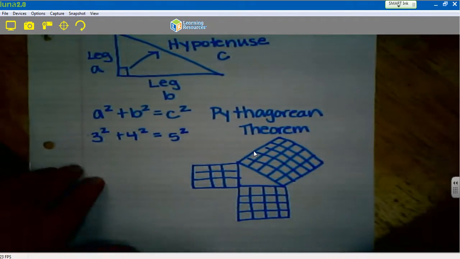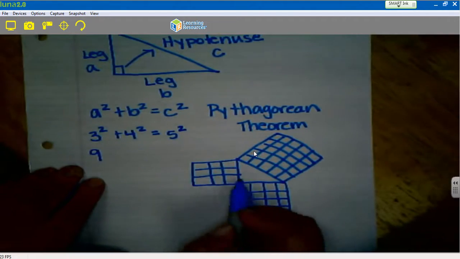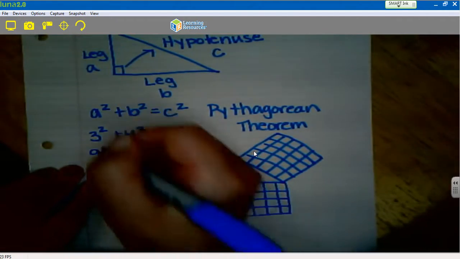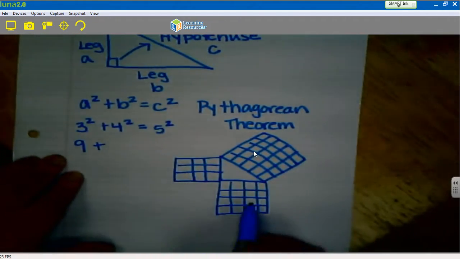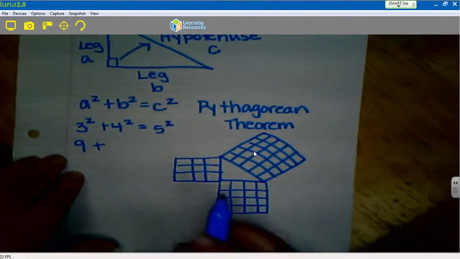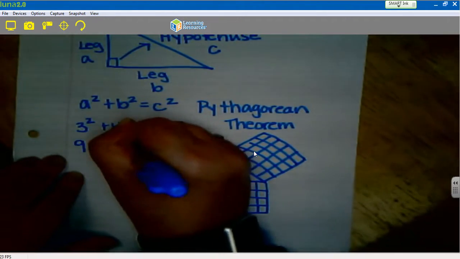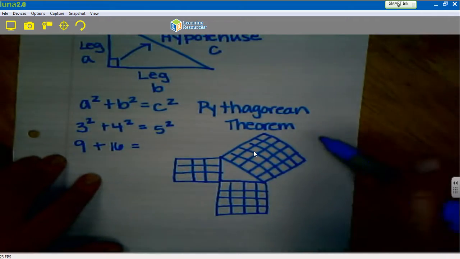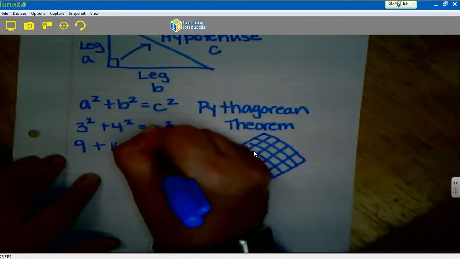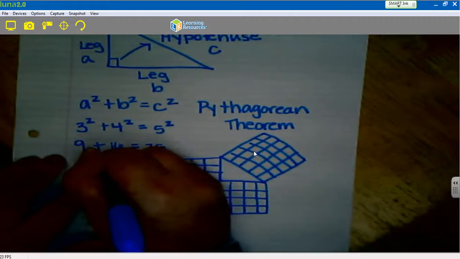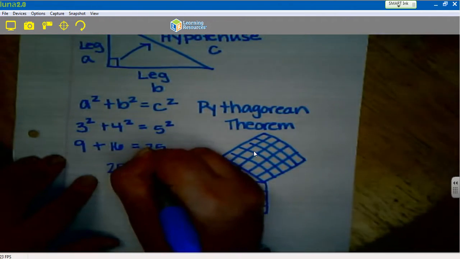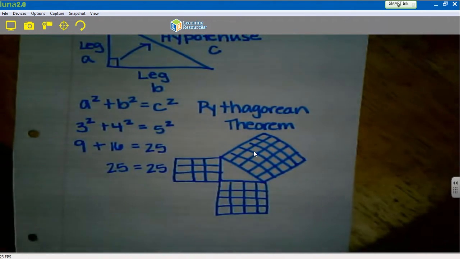Well, 3 squared, that is 9. So if we look at our box here, we have 9 little boxes. Plus 4 squared, over here we have 16 little boxes. Then the hypotenuse, we have 25 little boxes. And 9 plus 16 is, in fact, 25.